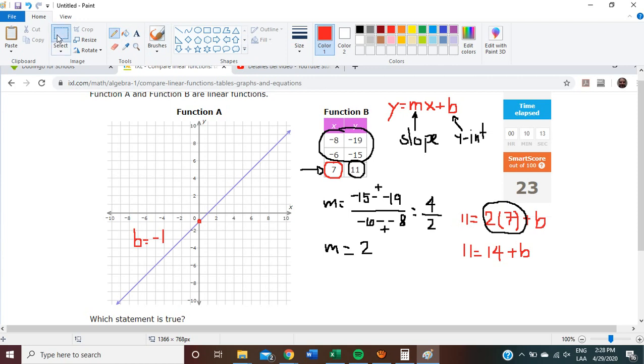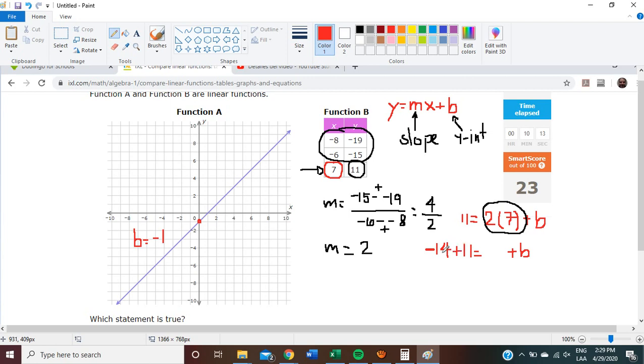Now I have to clear b. I have to leave b alone. So number 14 has to go to the other side. It was adding because it was positive. Now it is going to be subtracting, and number 11 is positive.